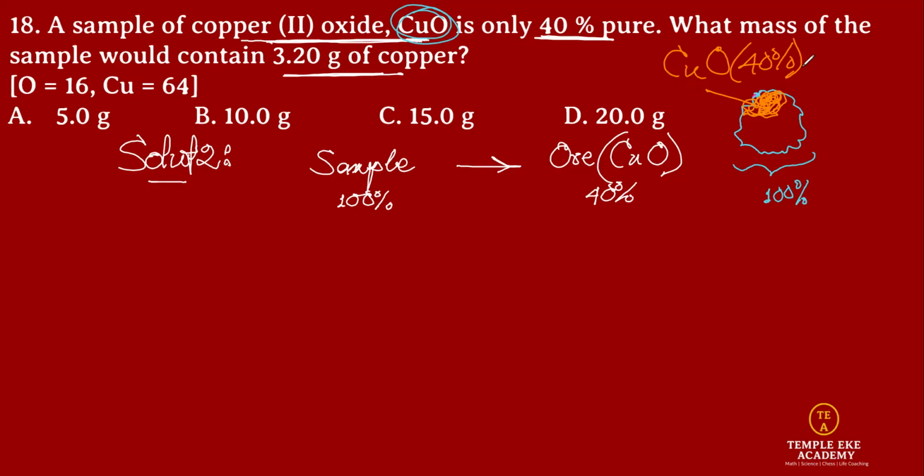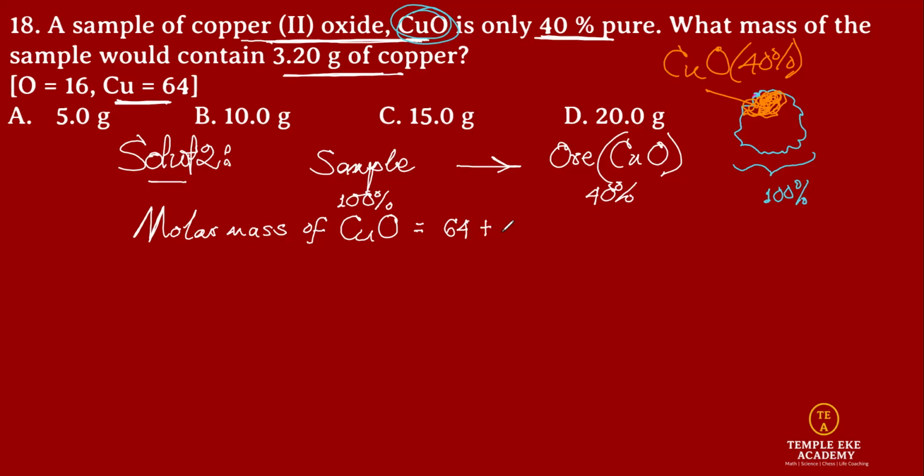The first thing to do, having established this, is to calculate the molar mass of CuO given to us. Molar mass of copper 2 oxide, let's see. Relative atomic mass of copper is given to us already, right there, 64.